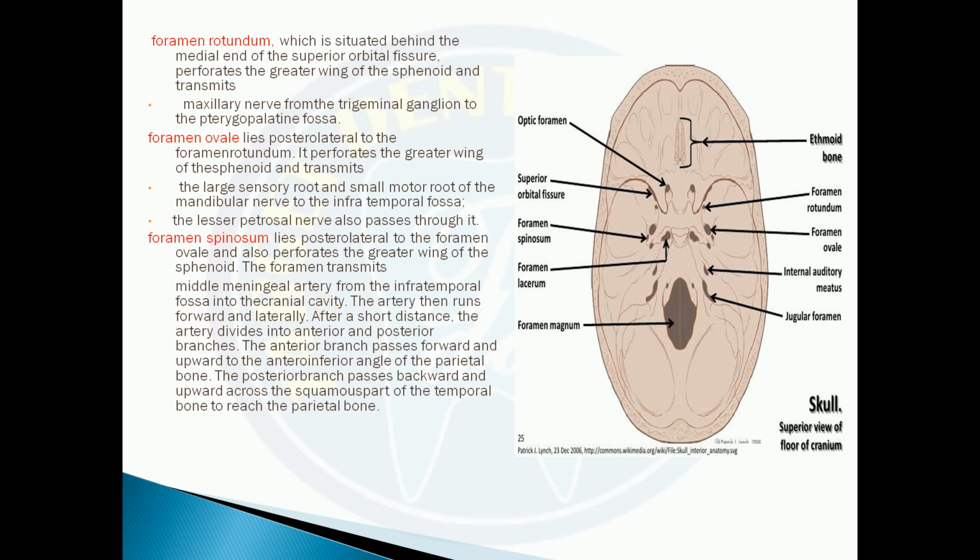So the foramen rotundum transmits the maxillary nerve from the trigeminal ganglion to the pterygopalatine fossa. Foramen ovale transmits the large sensory root and the small motor root of the mandibular nerve to the infratemporal fossa. And foramen spinosum transmits the middle meningeal artery from the infratemporal fossa into the cranial cavity.